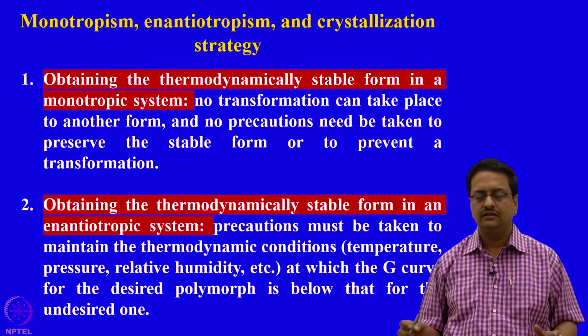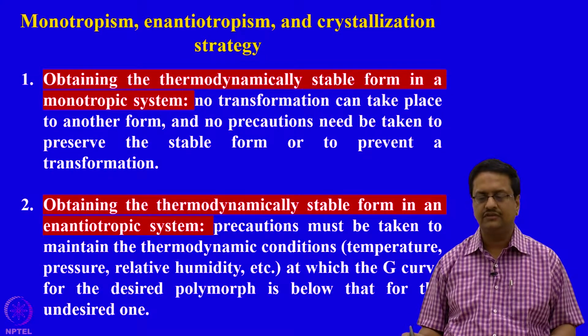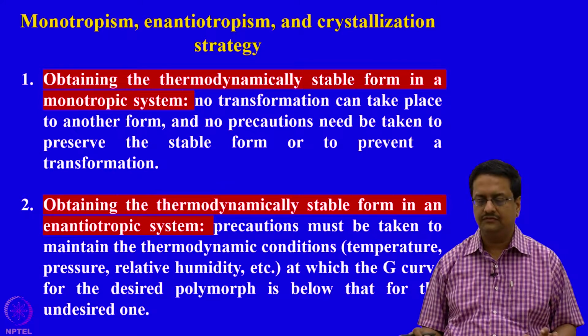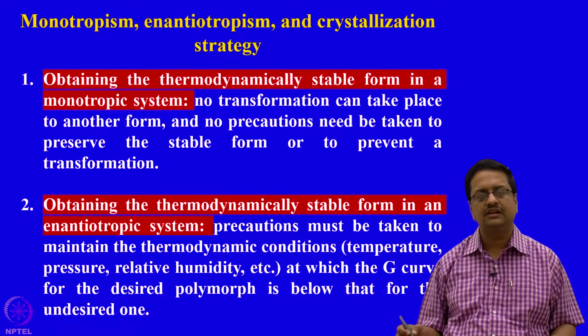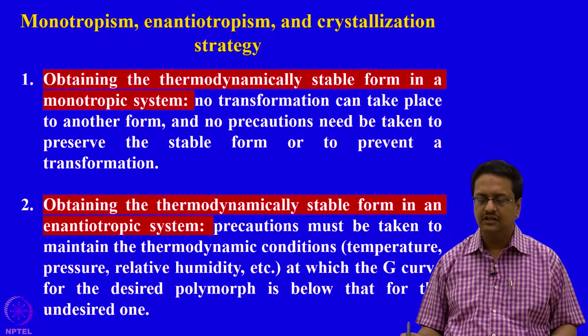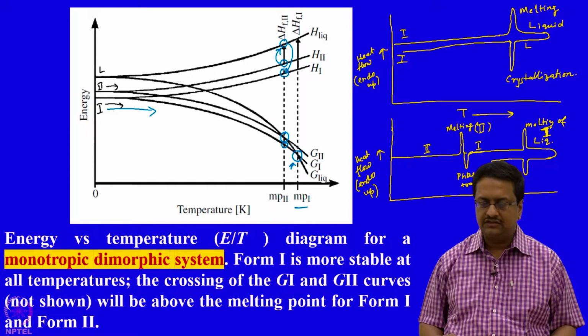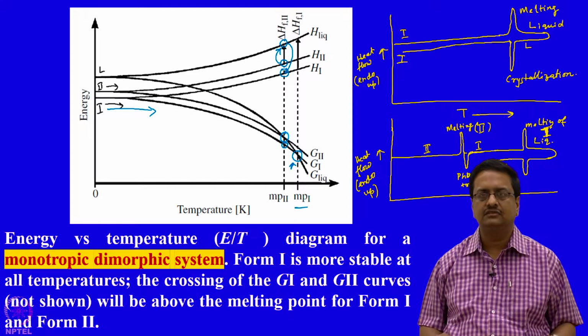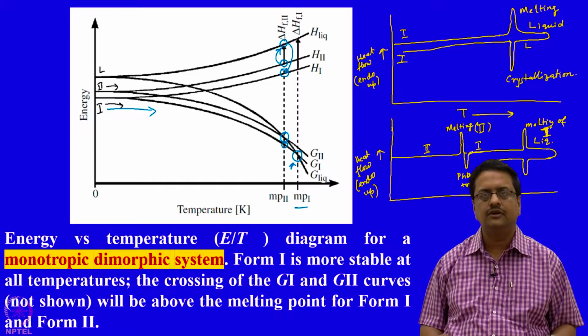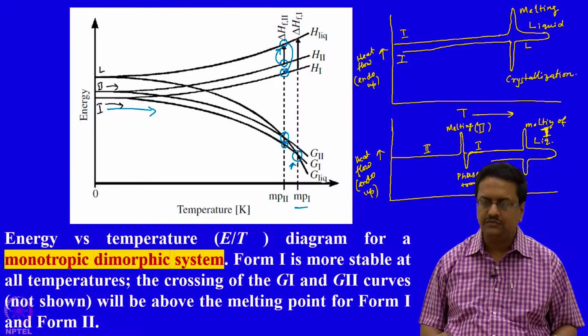So, when we can identify monotropism and enantiotropism, we should be able to obtain different phases using different methods. How to obtain the thermodynamically stable form in a monotropic system? What is a monotropic system? This one is a monotropic system where the G curves of form 1 and form 2 do not intersect before melting.